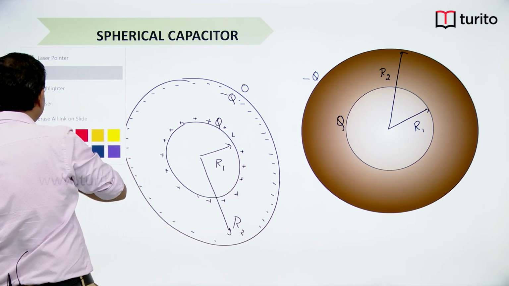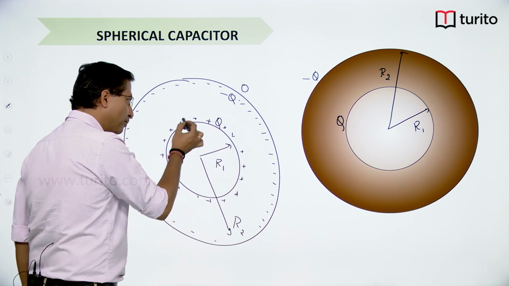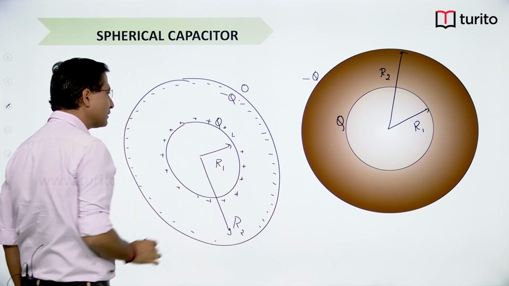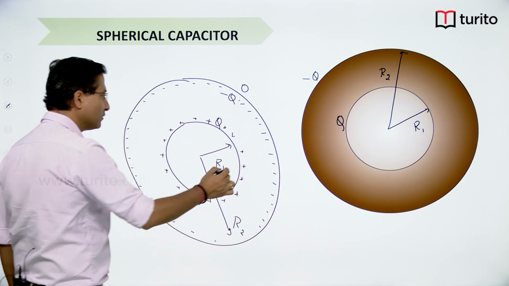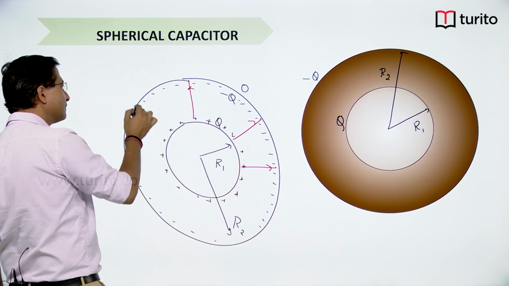So, let us look at the field pattern first. Plus q minus q. So, lines will start from positive charge and terminate at negative charge, right.